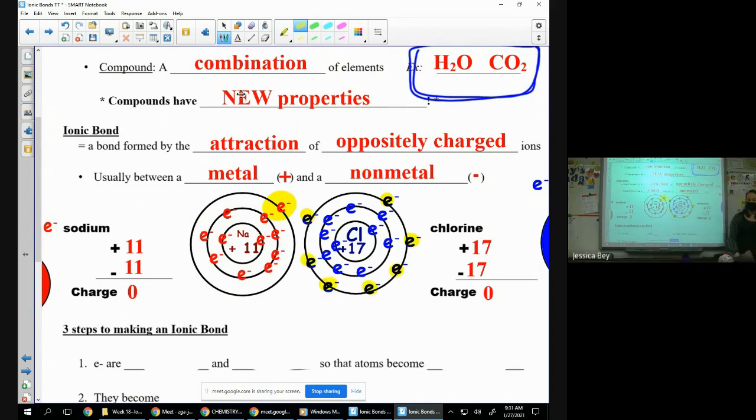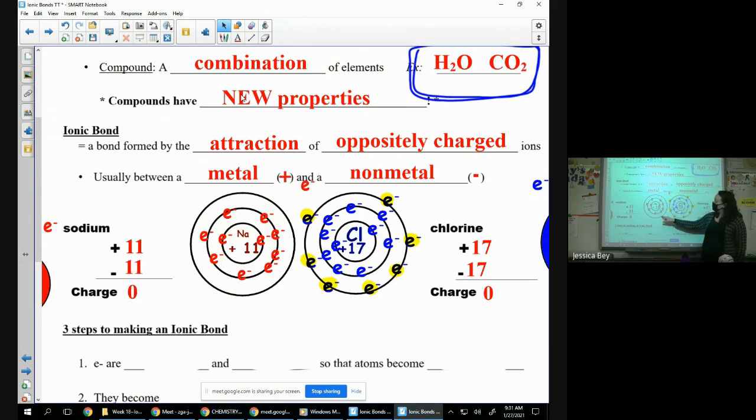All right, so now we're ready to make an ionic bond. Are you ready? So I have some steps below, and then we're going to alter this drawing up here. So the first thing that happens, does sodium want his 1 valence electron? No. He says, you know what? I'd prefer not to have it. Thank you very much. So what he's going to do is he is going to take this 1 valence electron and get rid of it.